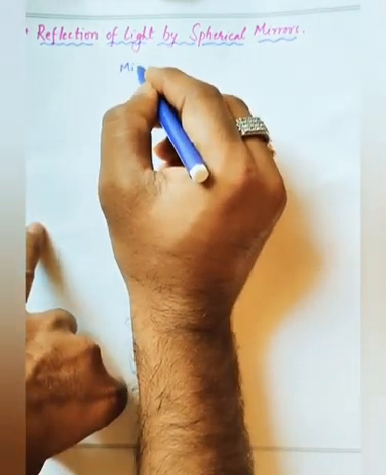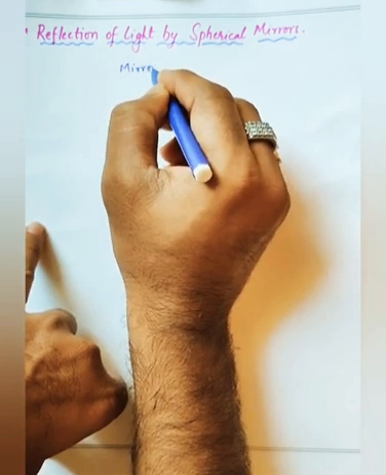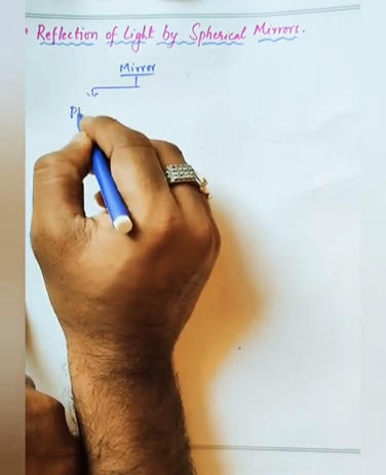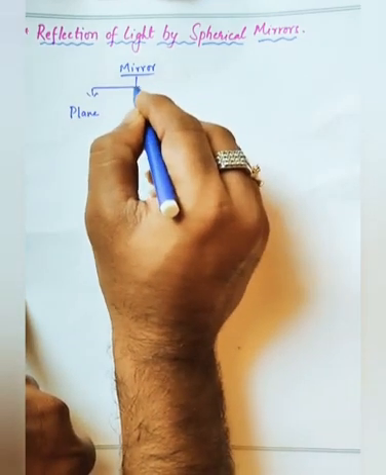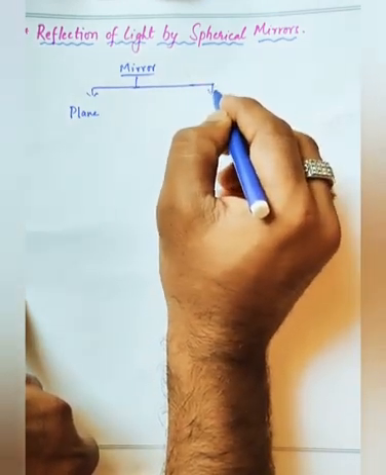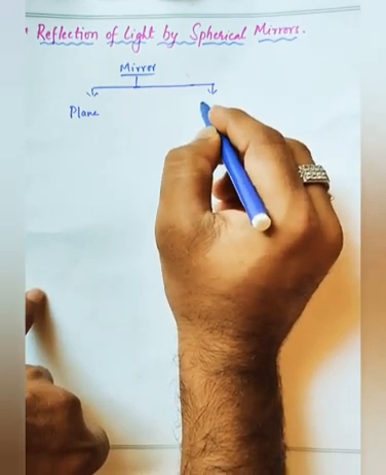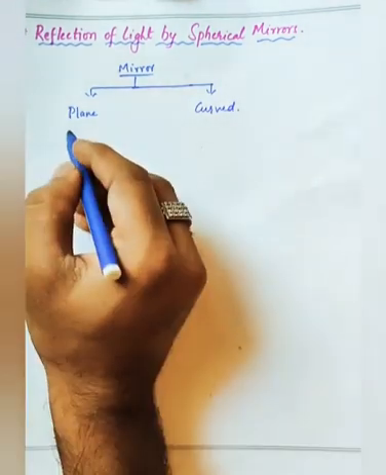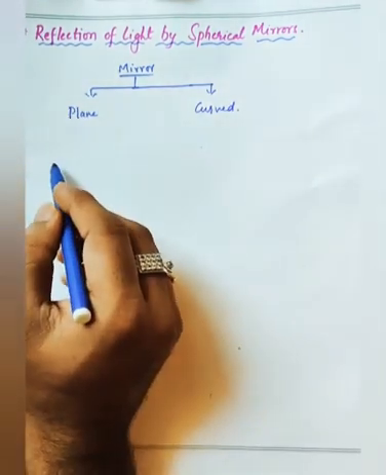Mirror is basically divided into two types: one is plane mirror and the other is curved or spherical mirror. So we can see the plane mirror like this.